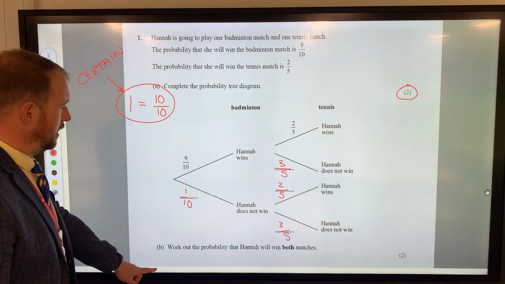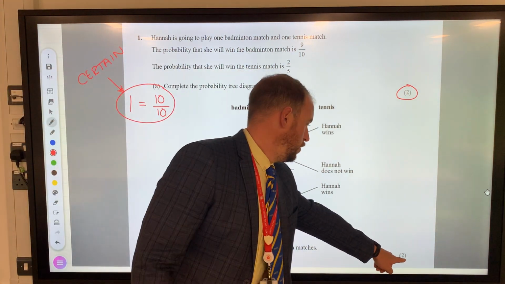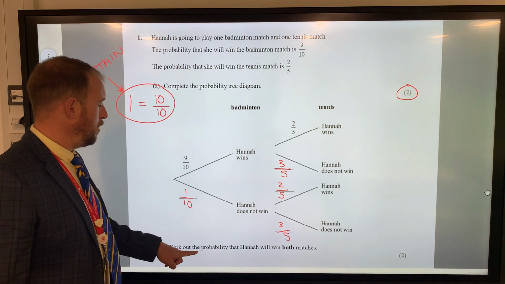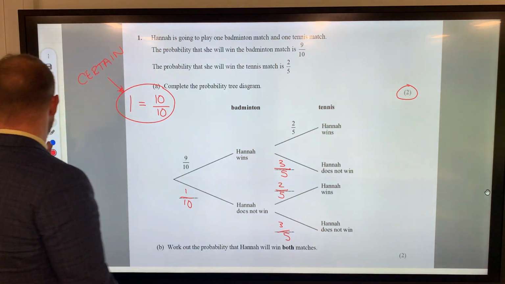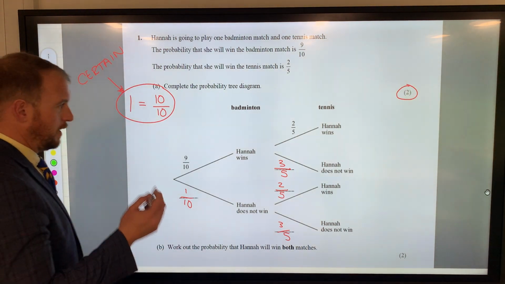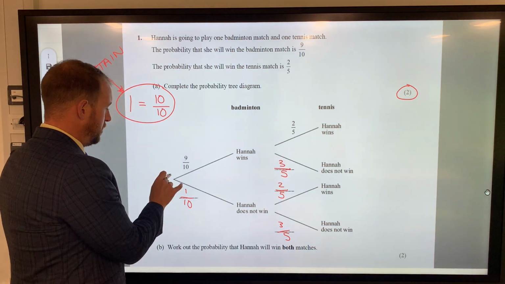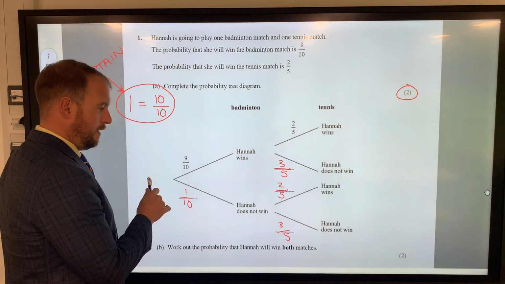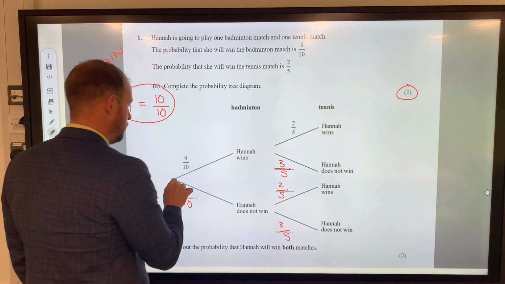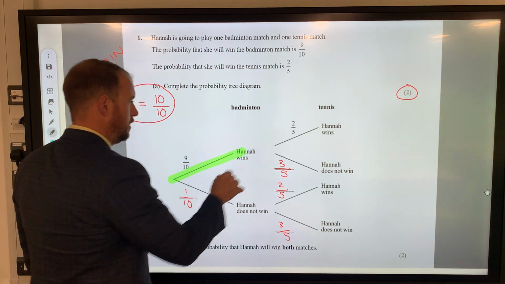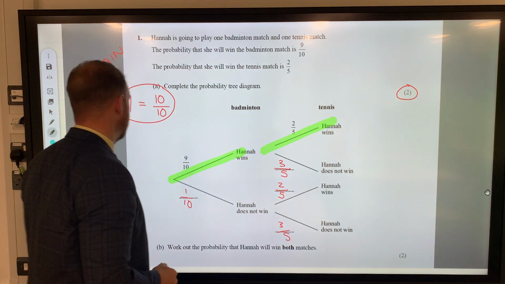So let's look at the question underneath. For another 2 marks, we work out the probability that Hannah will win both matches. Obviously we start on the left, she wins and then wins again.